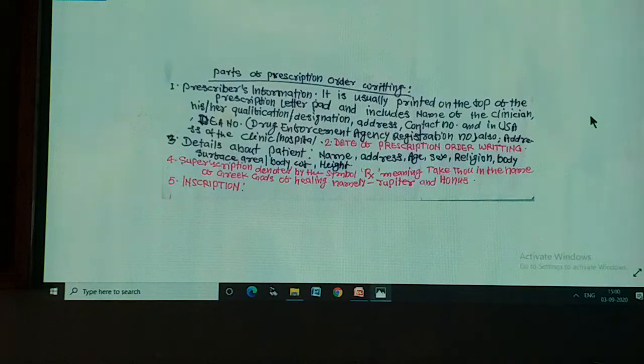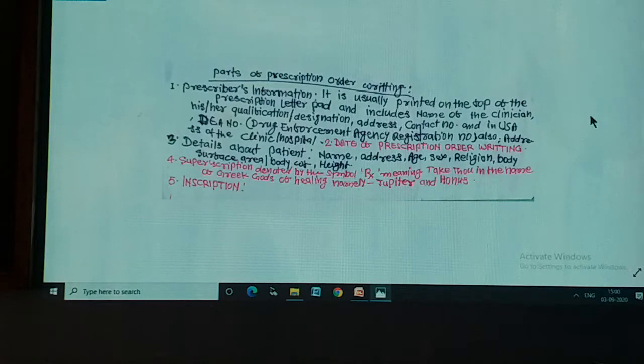Parts of prescription order writing. There are many parts of prescription order writing. First is the prescriber's information, that is, details about the prescriber.